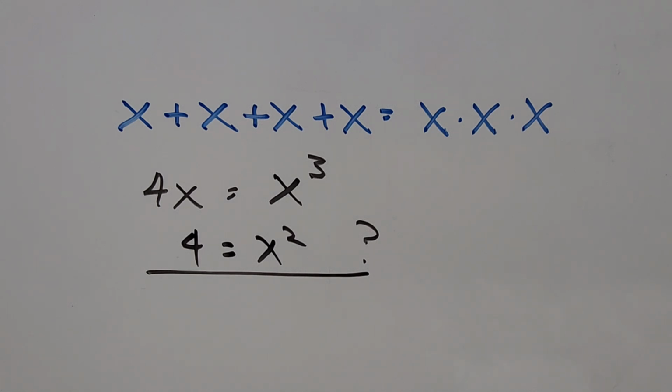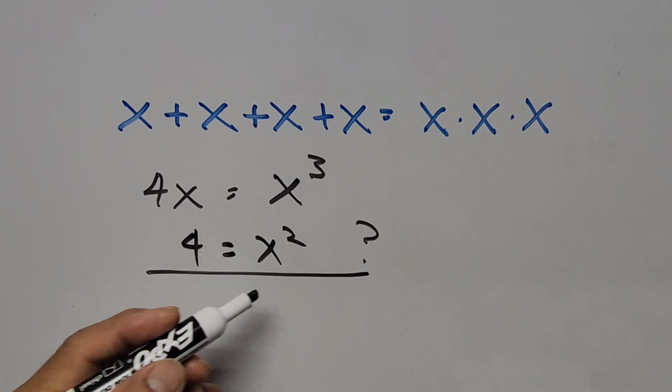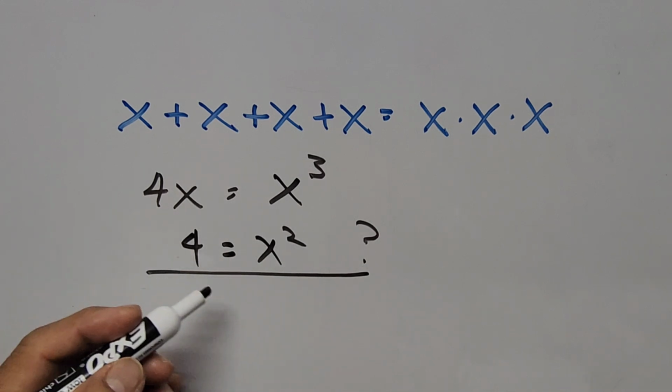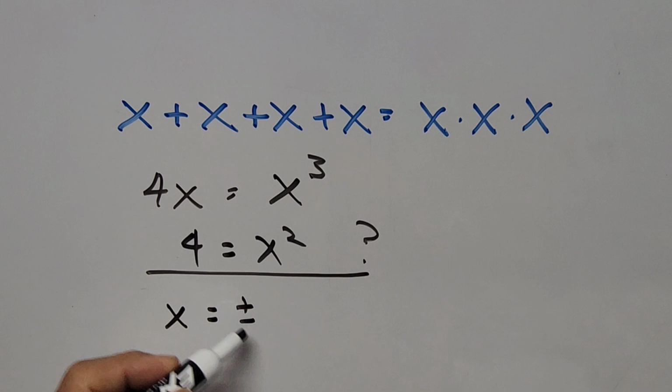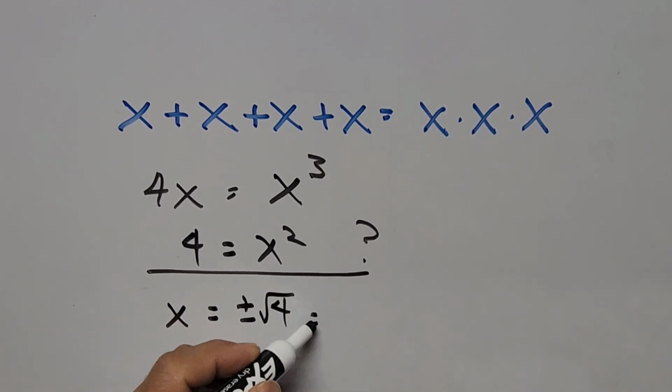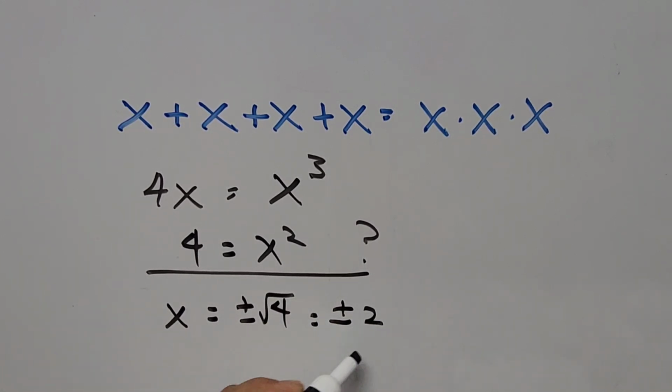Well, if we proceed solving for the value of x, we'll have x equal to positive negative square root of 4, so that is positive negative 2 as the value of x. But then, by investigation, we missed one answer.